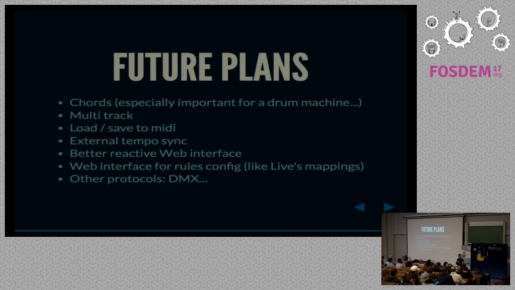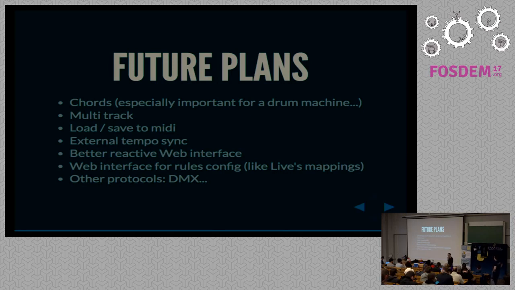So here are some future plans. I would like to implement chords, which are important for a drum machine, for example, because you usually have a kick and a snare at the same time, so that's a chord. And other features like multi-track, MIDI, external tempo synchronization, a better web interface, and a rules configuration interface, because actually for now I have to program it using Python, but some rules are really simple.